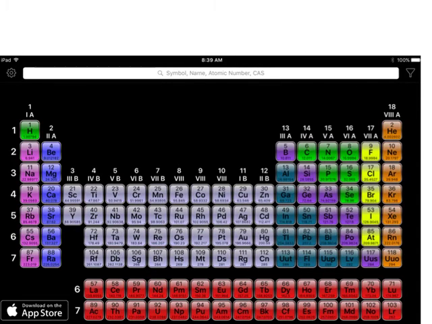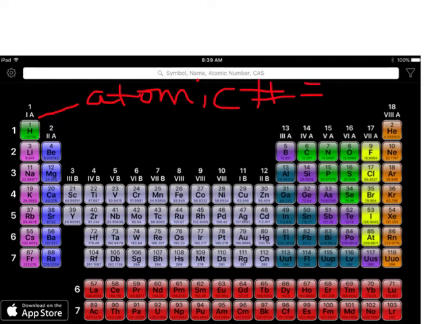So let's label that: the number at the top is the atomic number. The atomic number is the number of protons in the nucleus.